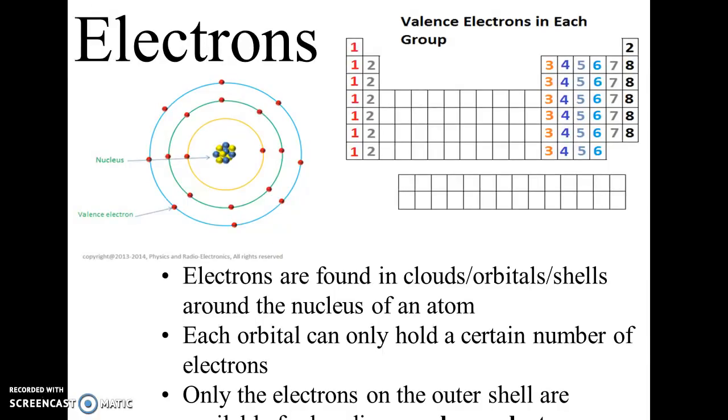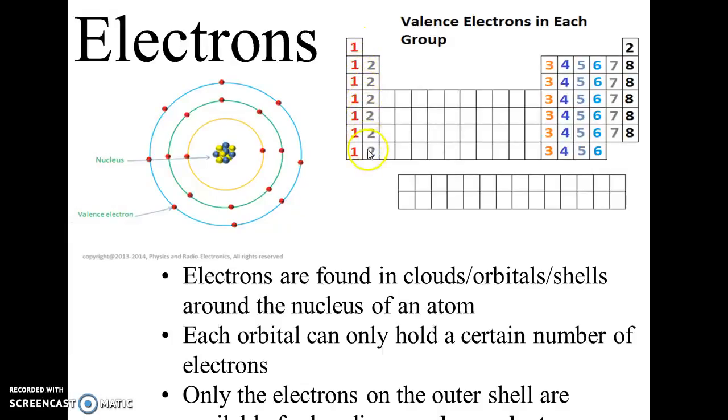Electrons are found in a cloud, like I said, around the nucleus of the atom. There are levels of orbitals, and each can only hold a certain number of electrons. Only these outer electrons are available for bonding. These are called the valence electrons, and it's different for different elements.